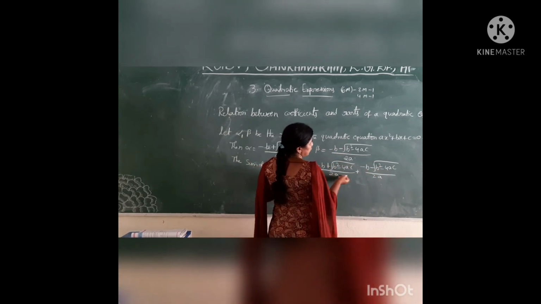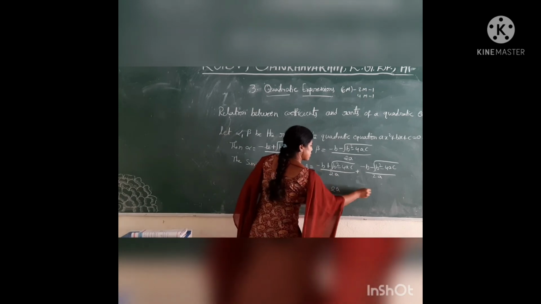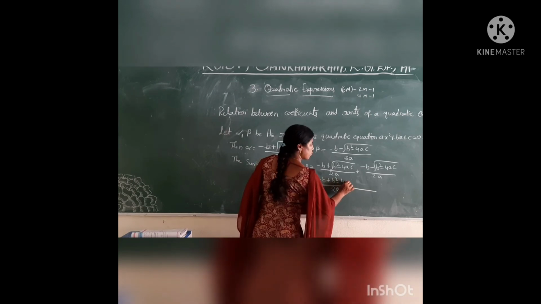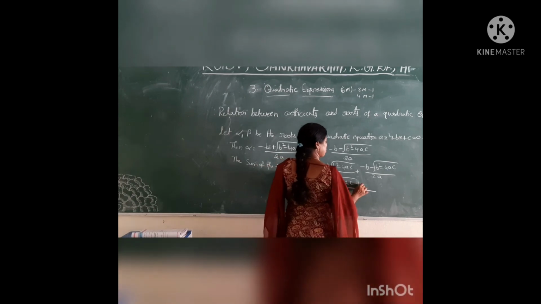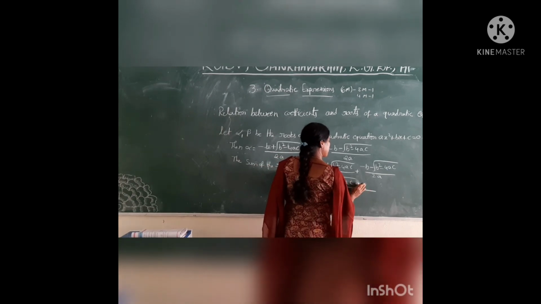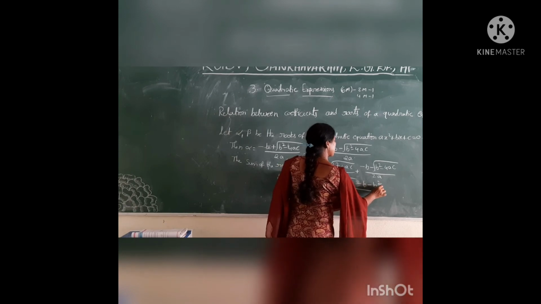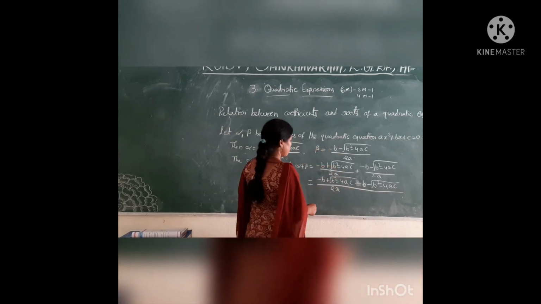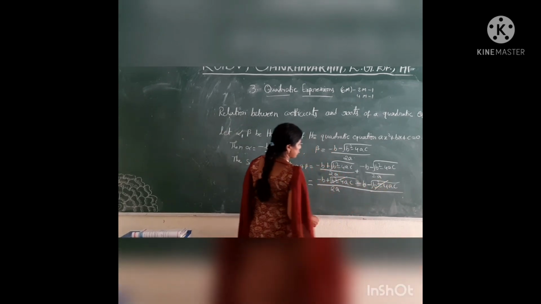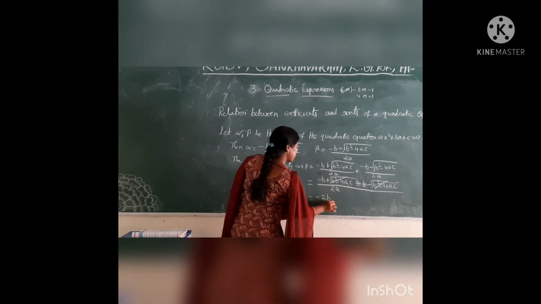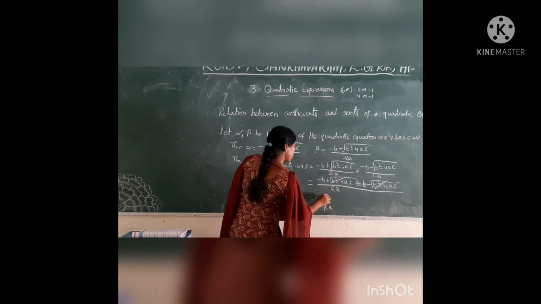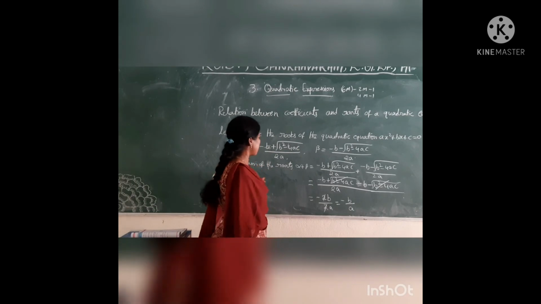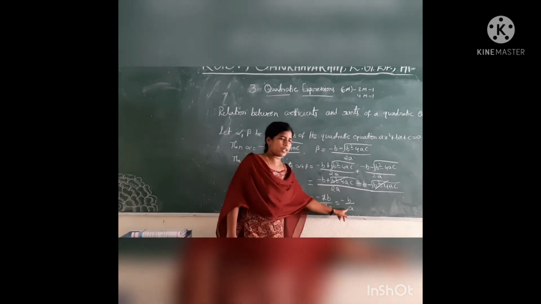Both denominators are equal, so the LCM is 2a. Plus root and minus root both are cancelled. So we get minus 2b by 2a, the 2 cancels, and we get minus b by a. Now the sum of the roots alpha plus beta is equal to minus b by a.